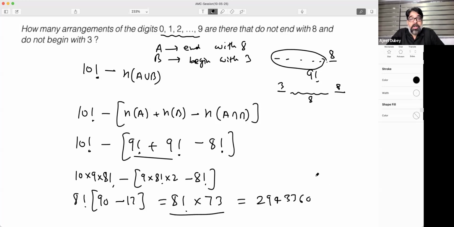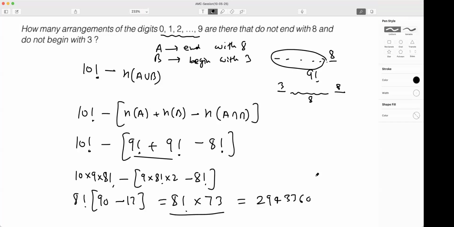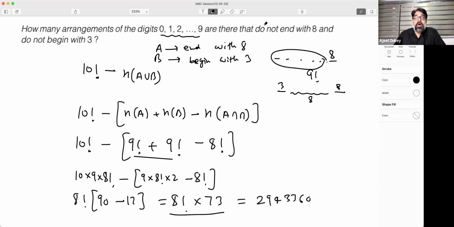Is there any point which is not clear in the solution? Sir, can you re-explain? The question is, I have to find out how many arrangements there are in which it does not end with 8 and does not begin with 3. I'm going the reverse way.